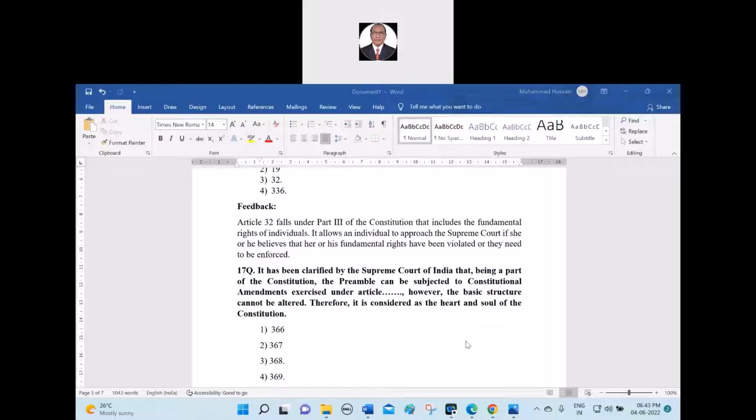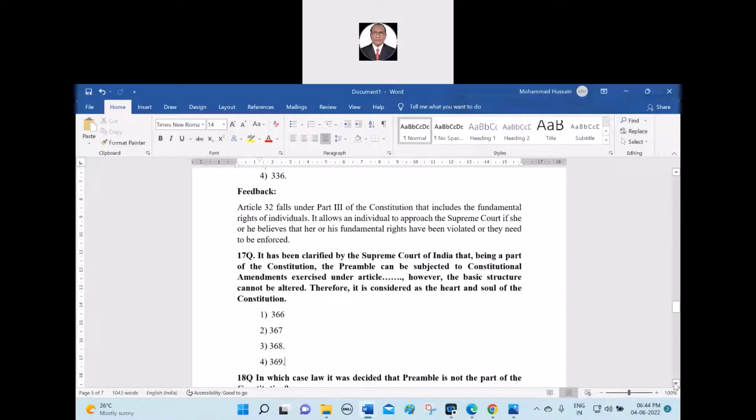Please check whether 124 or 127 amendments were made. And they may also ask, in which amendment was the right to vote reduced from 21 to 18 years? They can ask such a question also.